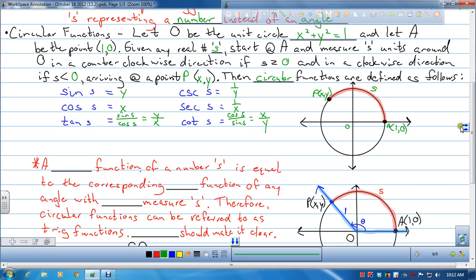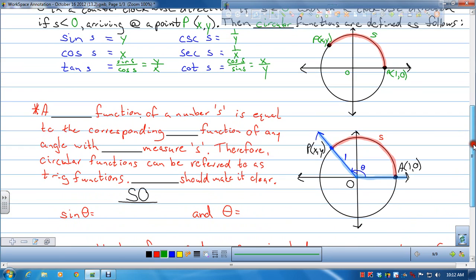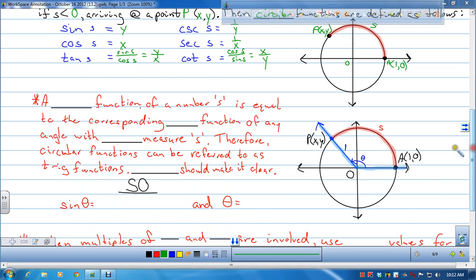Now we're going to take a look at these drawings over here. We're going to continue talking about circular functions of a number s. Remember, this s represents a number now. We're not talking about an angle.